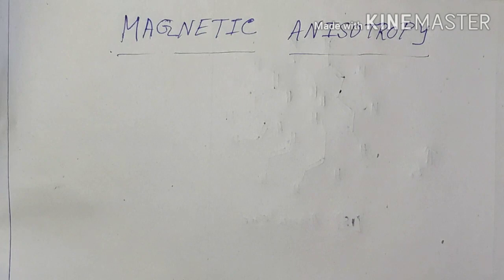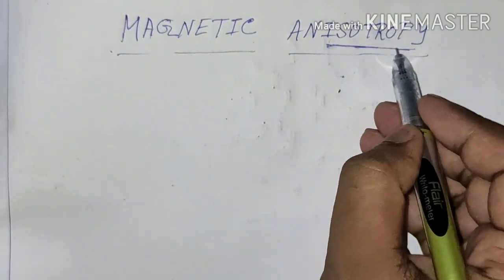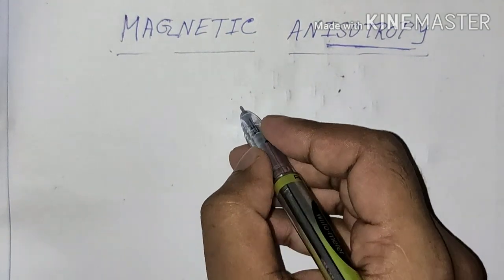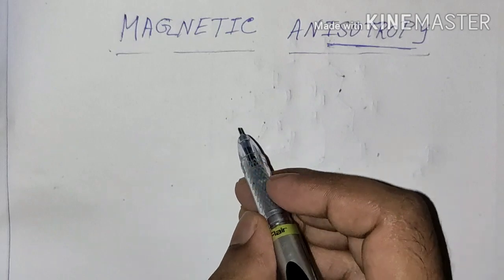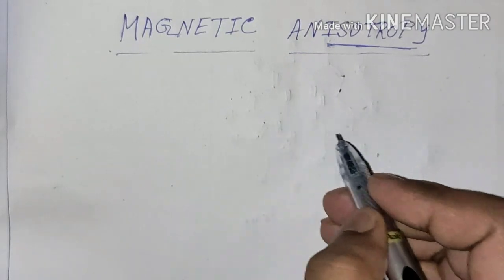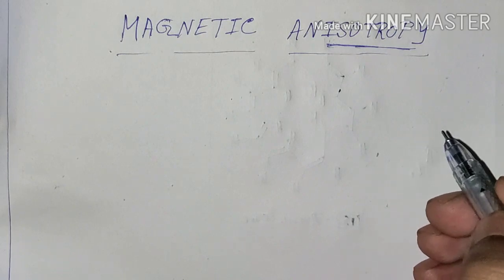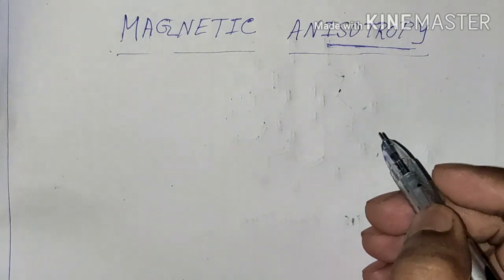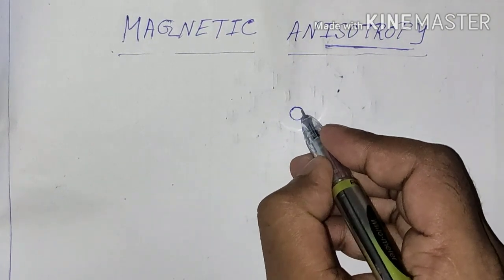So let's start. From the term magnetic anisotropy, the term isotropy signifies that if a substance is kept in a magnetic field, the magnetic behavior of the substance is independent of the direction of the applied magnetic field. That means, just take a substance.